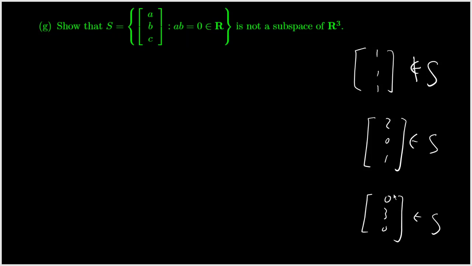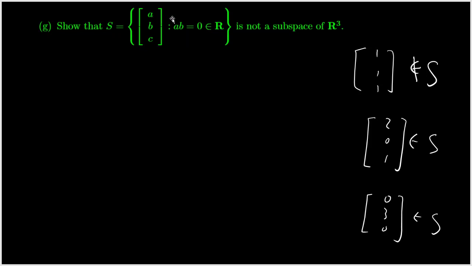Okay, now let me try to tell you under what condition the vector is in S. Because you want the product of the first two components to be 0 in order for a vector to be in S, under what condition is the product equal to 0?